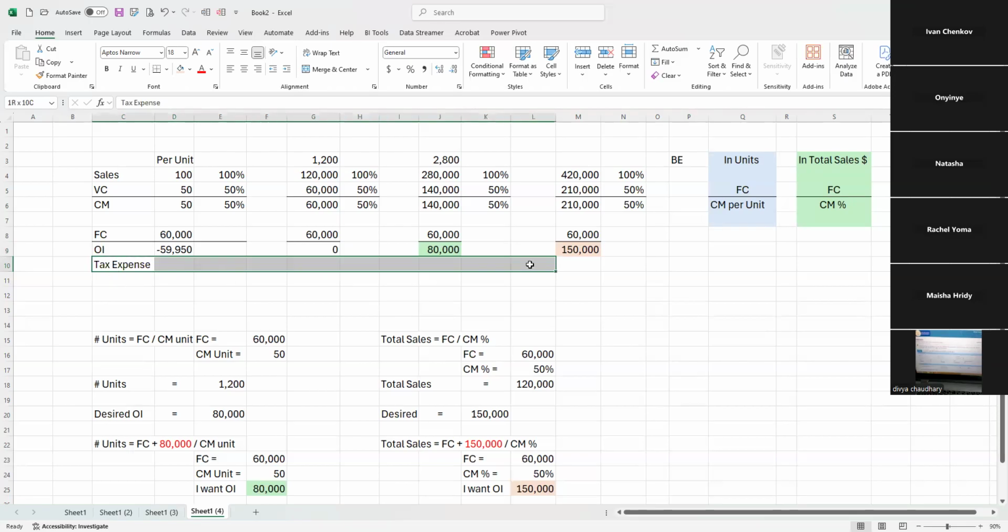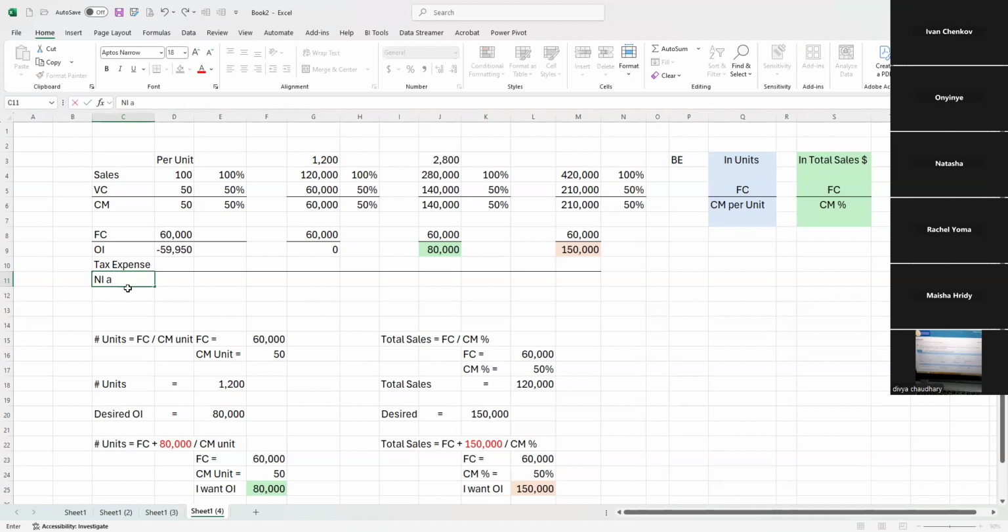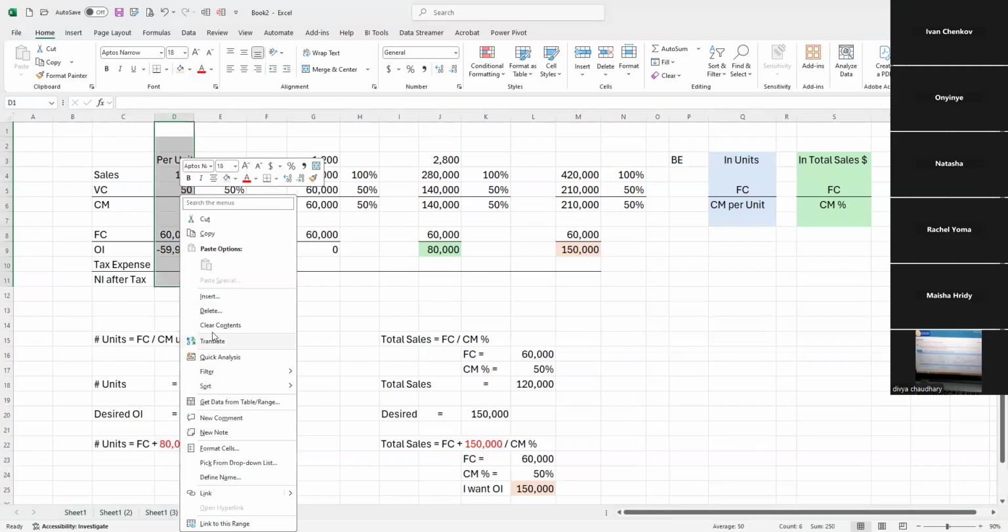After we deduct the taxes, what are we going to have? Net income after tax. This is the problem now. Let's flip this one a little bit.